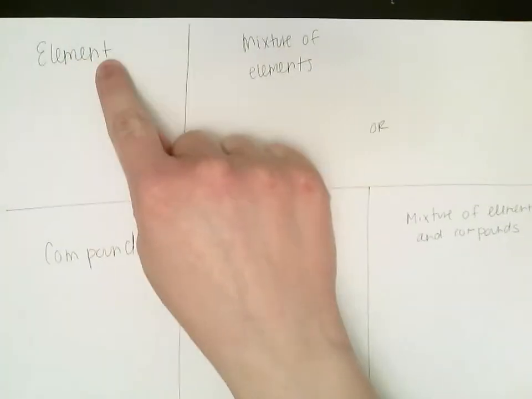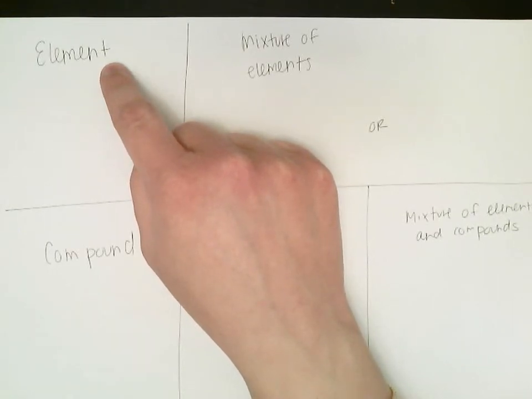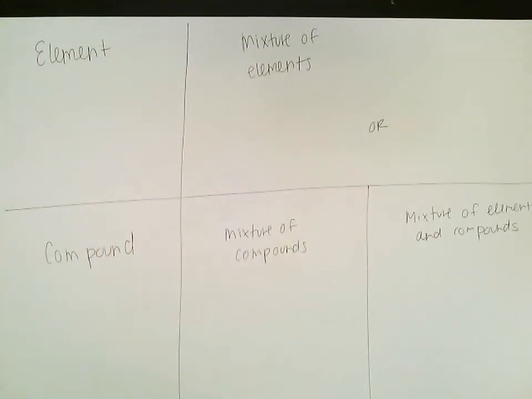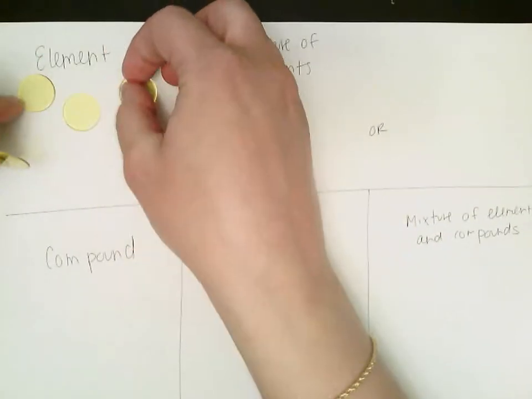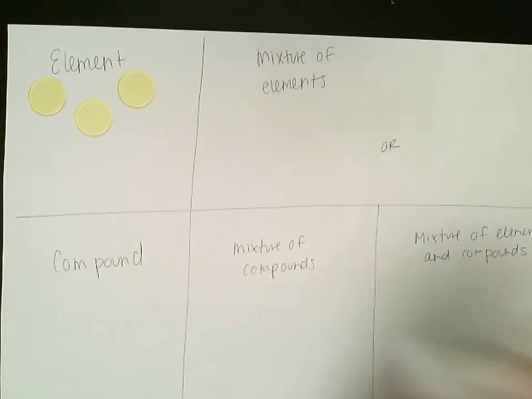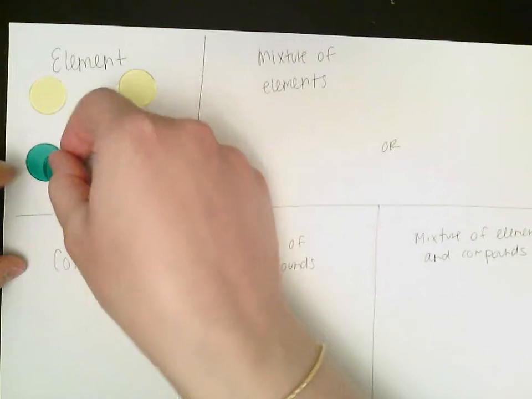So for an element, we know that an element is a pure substance. So it's homogeneous, same throughout, and it only has one type of atom. So there are two ways that this one could look. We could have some single dots around, or we could have some that are connected, but notice these are the same color.